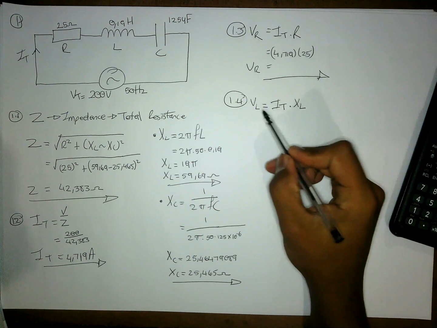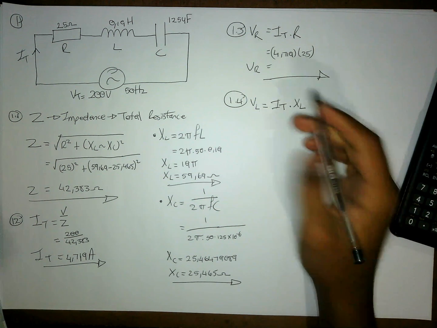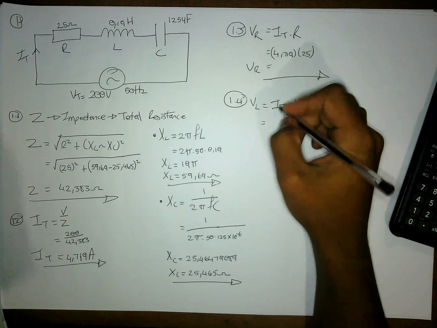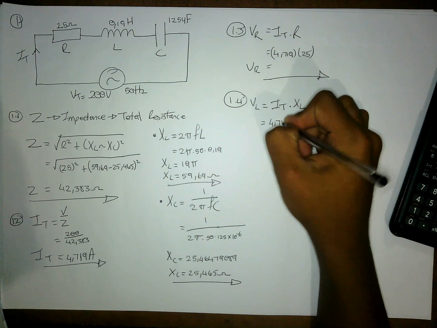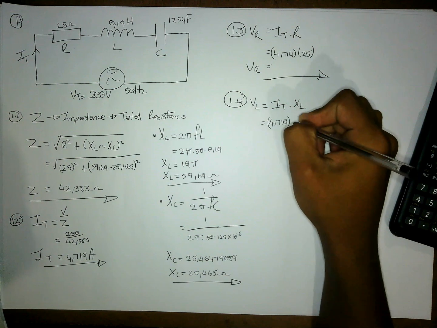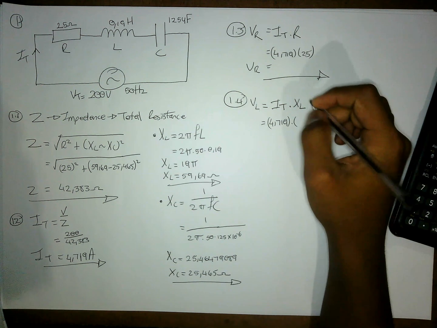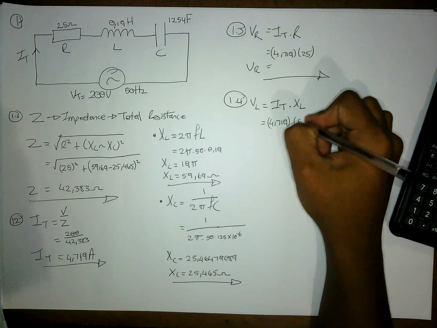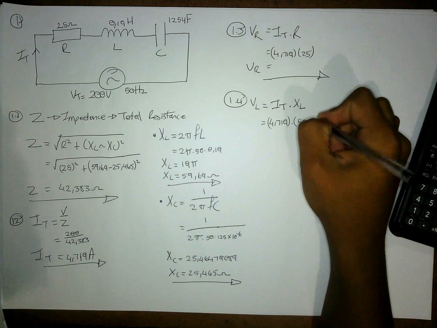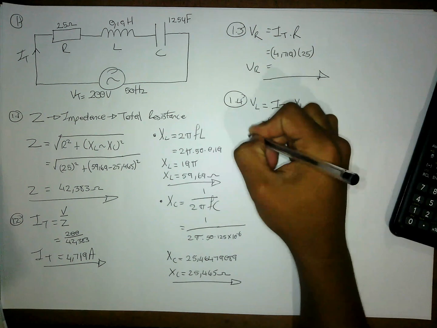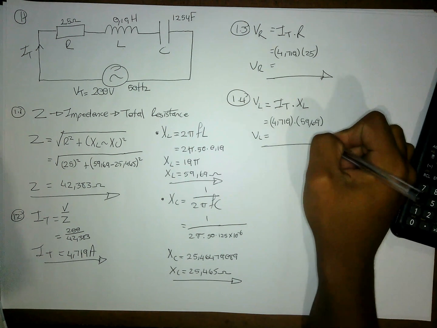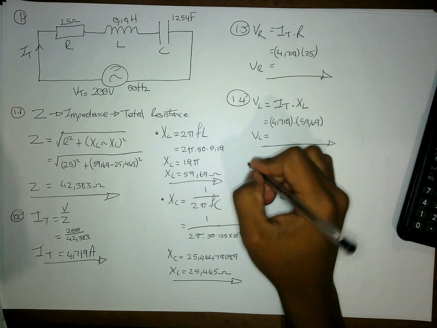This is still V equals I times R. Our I is 4.719. Our XL is 59.69. Can someone do that one also?